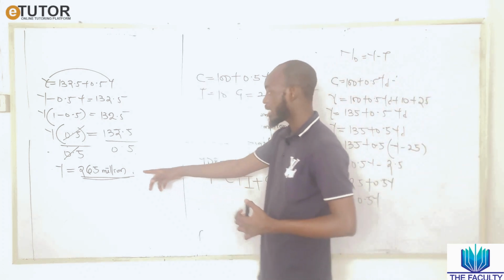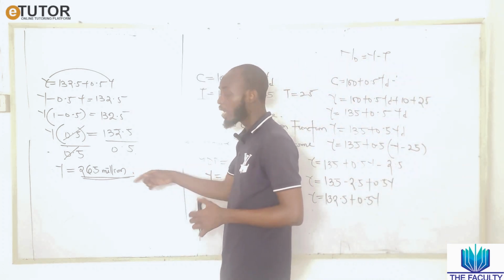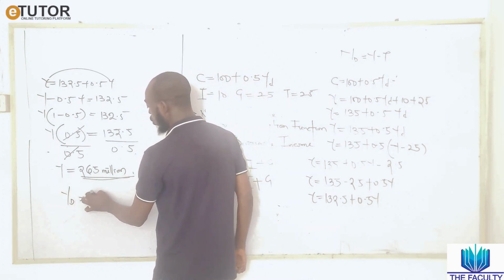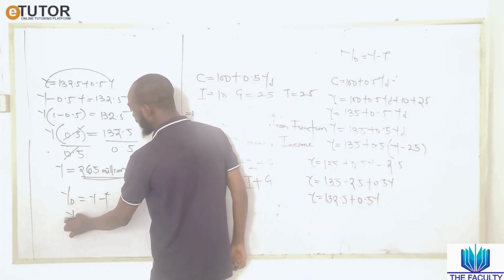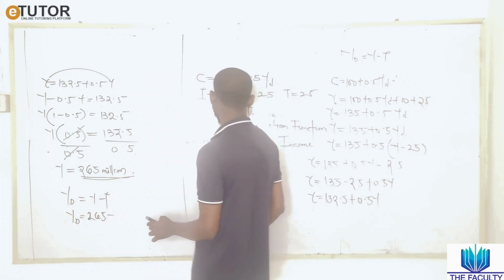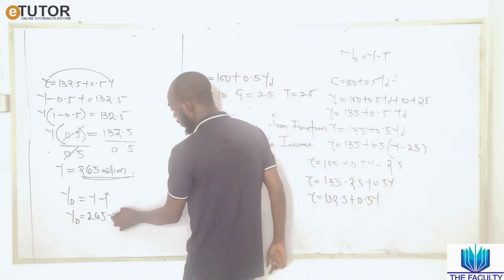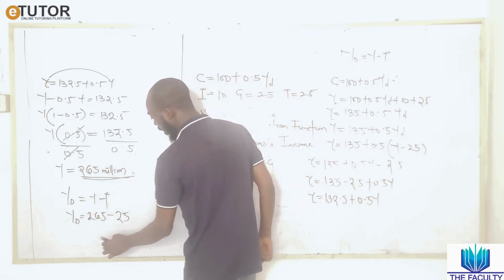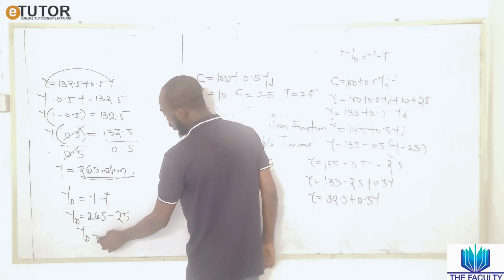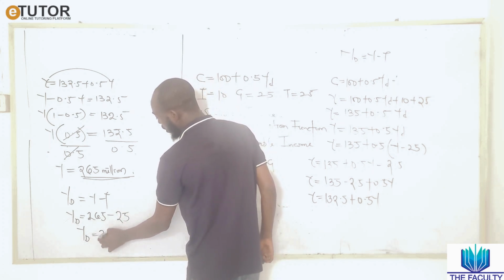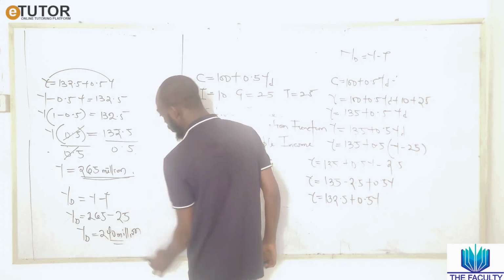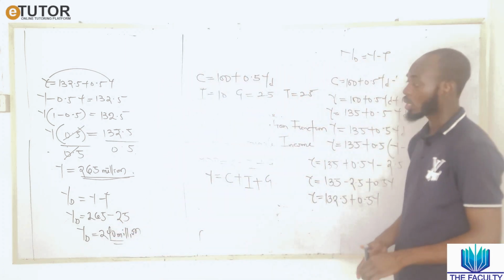Since our Y is 265 million, our disposable income YD is equal to Y minus T, which is 265 million minus our taxation, 25. So our disposable income will be 240 million, which is after taxation.